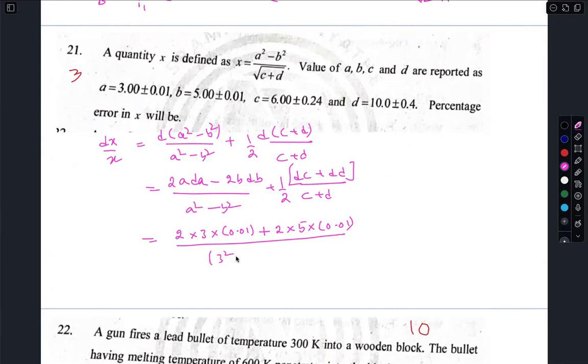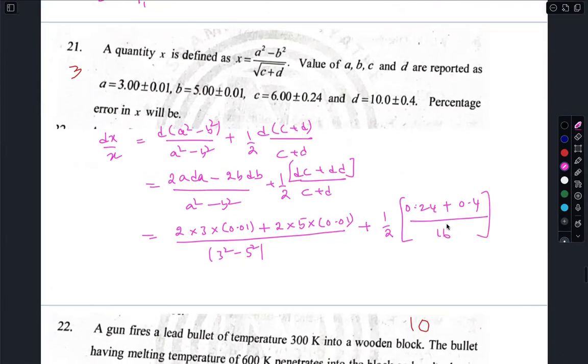I know 3 square minus 5 square. I think a lot of students might make a mistake in this. More people will make this mistake, right? Next, dC is 6, is it not? dC 0.24 plus dD 0.4 by 16.